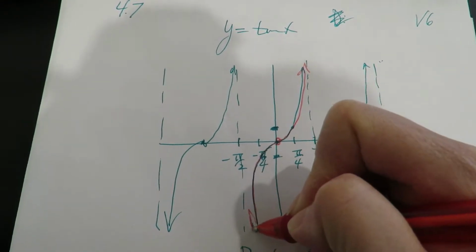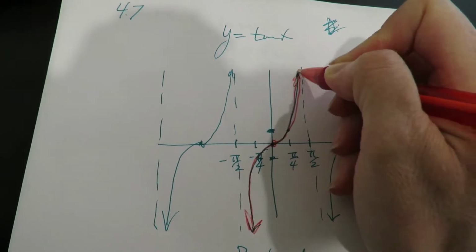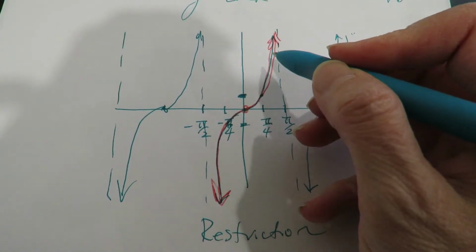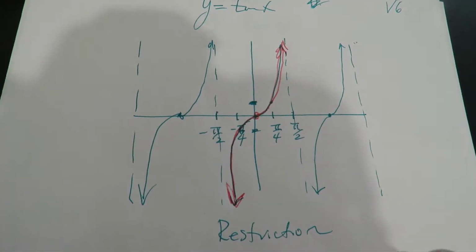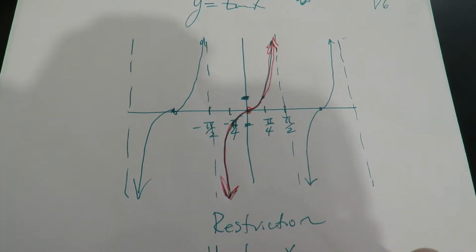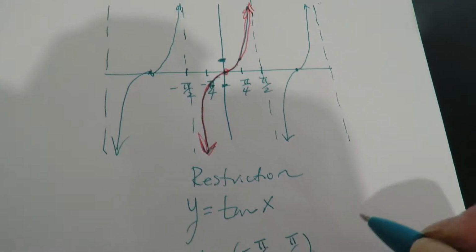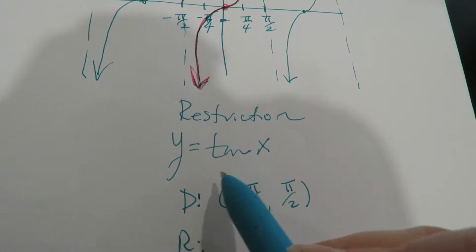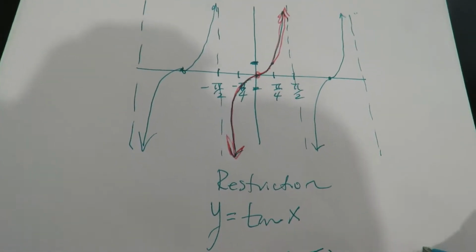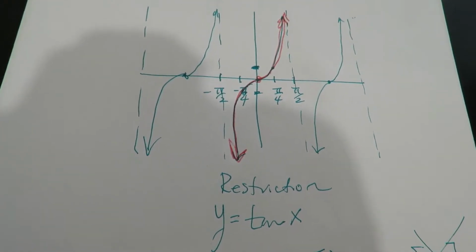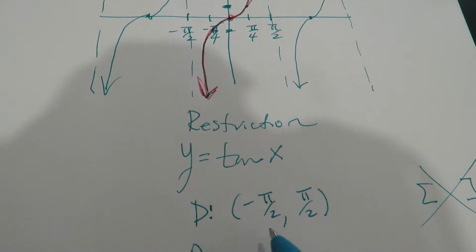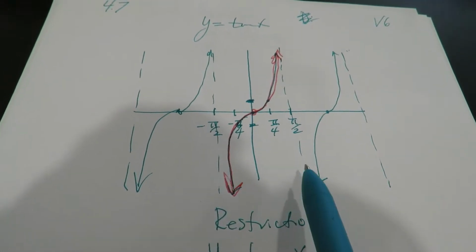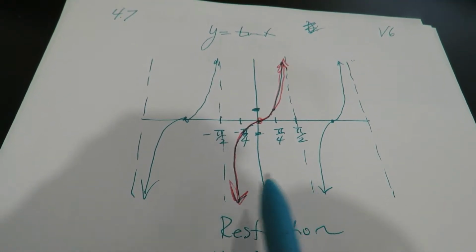The universal cut for this one that we agree on all around the world is the center shape between negative pi over 2 and pi over 2. Now notice on this one that I am excluding the endpoints. I'm not putting square brackets on this. That would be wrong, because I can't actually include negative pi over 2 or pi over 2, because there are asymptotes there.